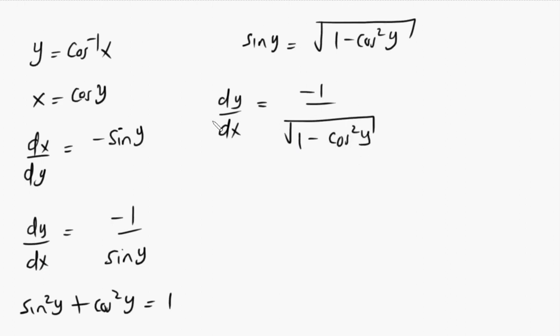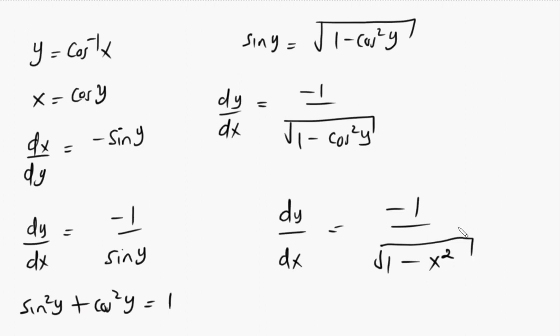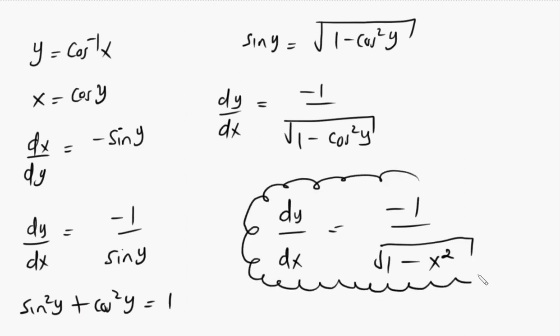But cos y is x, so cos squared y is x squared. So dy/dx is equal to negative 1 over the square root of 1 minus x squared. So this is the derivative of cos inverse x with respect to x.